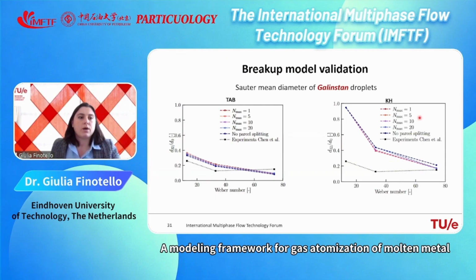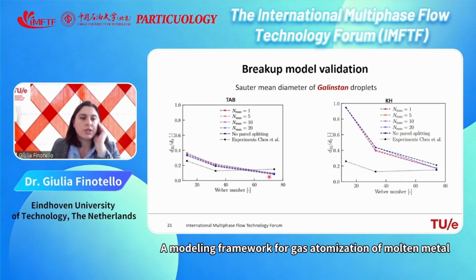And I want to show you here our validation. This is for Galinstan. We also looked at water, but I will not show it here. You have here the Sauter mean diameter over the initial droplet diameter, and here the Weber number. The experimental results are in black, while our results are the other line.